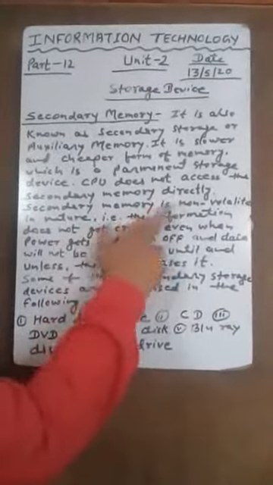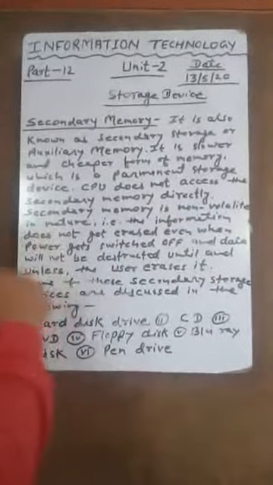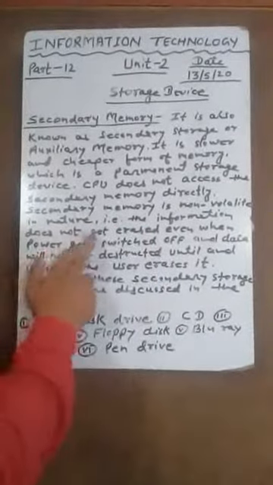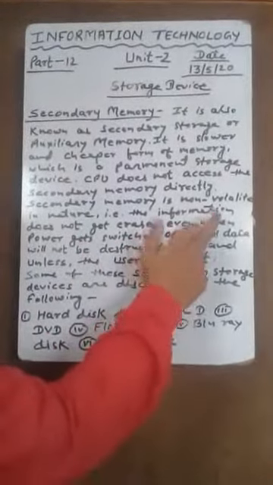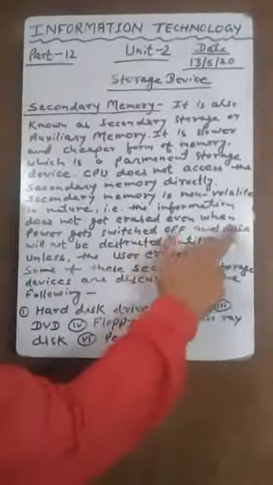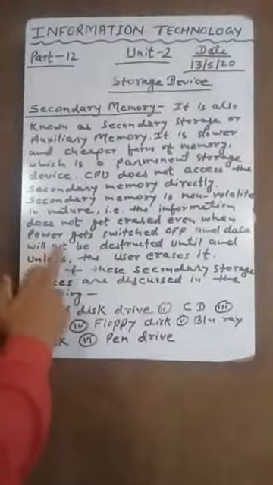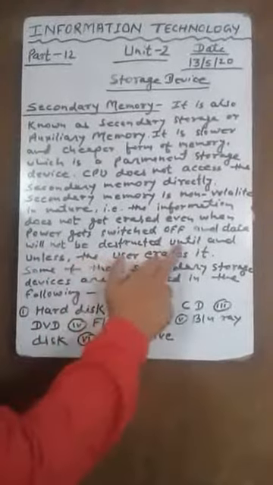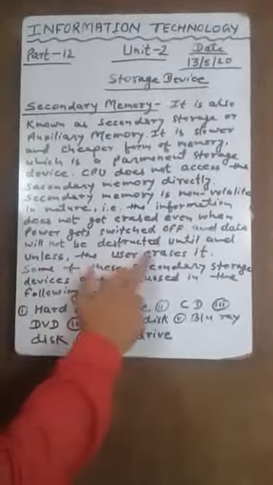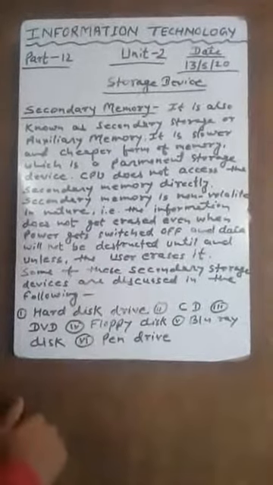Secondary memory is non-volatile in nature, that is, the information does not get erased even when power gets switched off, and data will not be destructed until and unless the user erases it.